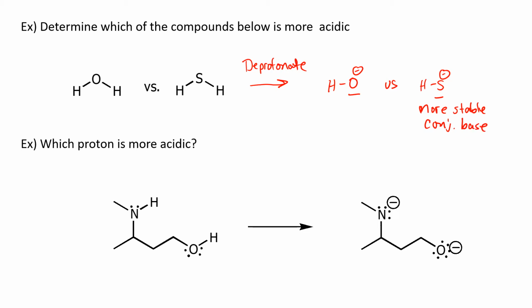And the more stable the conjugate base, the stronger the acid. So H2S is a stronger acid, and H2O is a weaker acid.